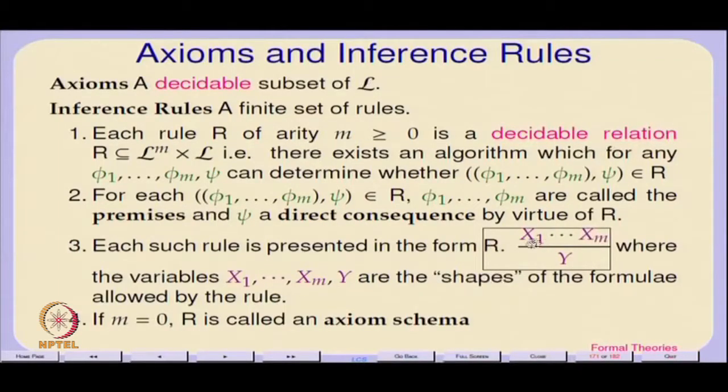So, these x 1 to x m, these purple variables essentially define the shapes of formulae, what kinds of formula structures you can have, and then having defined the structures, you can replace all the leaves which contain these purple variables by any formula in the language, but as long as you replace the same variable by the same formula, you get an element of this relation R. Okay.